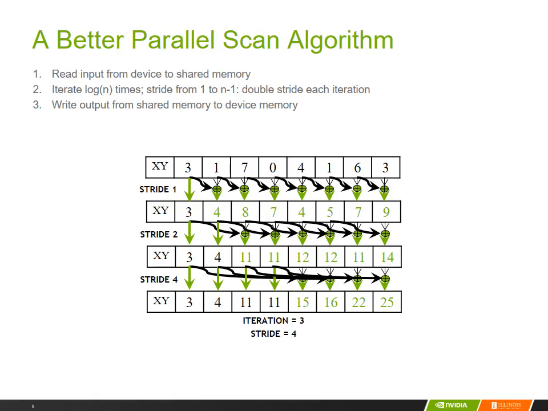As we can see from top to bottom, after the first iteration, there are two elements, xy0 and xy1, that are the final output value. After the second iteration, the first four elements have the final value, and after the third iteration, all 8 elements have the final value.